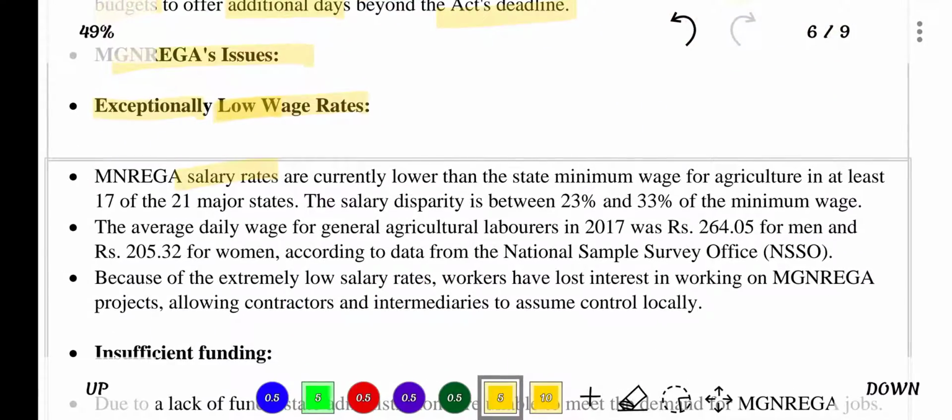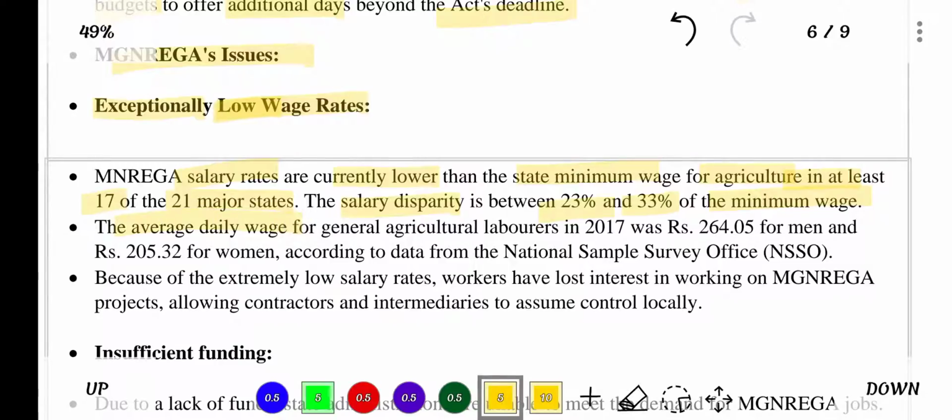MGNREGA salary rates are currently lower than the state minimum wage for agriculture in at least 17 of the 21 major states. The salary disparity is between 23% and 33% of the minimum wage.